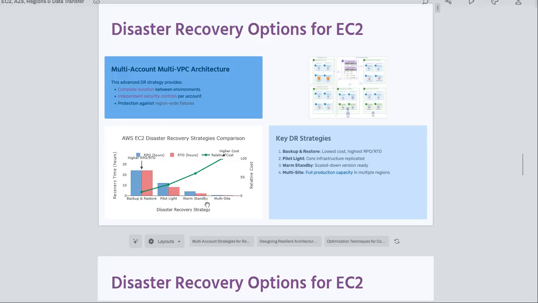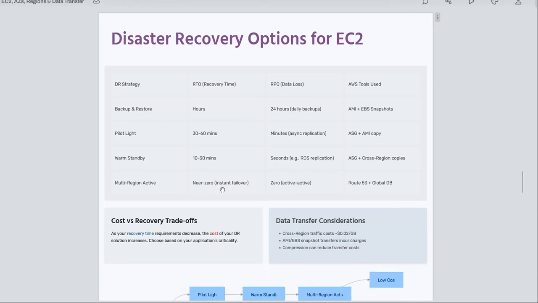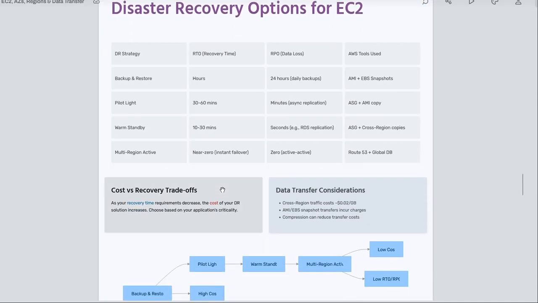Warm standby is a scaled-down version ready in another region, with lower RTO but more cost. Multi-site runs full production capacity in another region, but it has the highest cost.